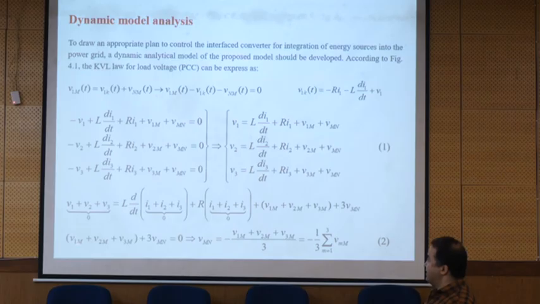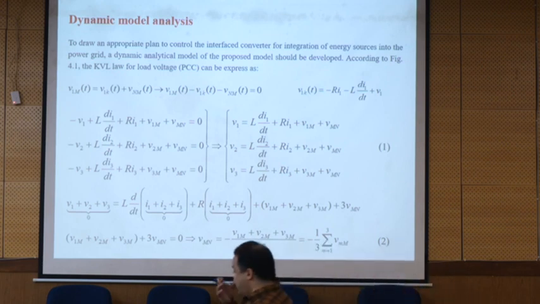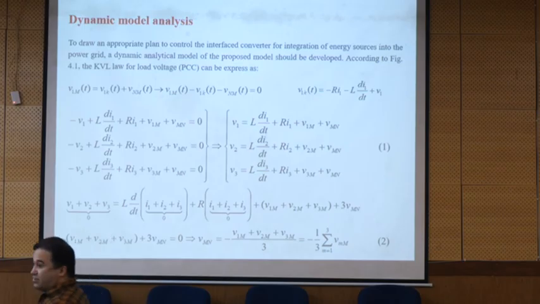And again, we see that V1m plus V2m plus V3m equals minus 3 Vmn. So Vmn is equal to minus (V1m plus V2m plus V3m) over 3, which is minus 1 over 3 the sum of Vmn, m from 1 to 3. Nothing is complicated, anyone who is not sleepy can easily understand it. Good.